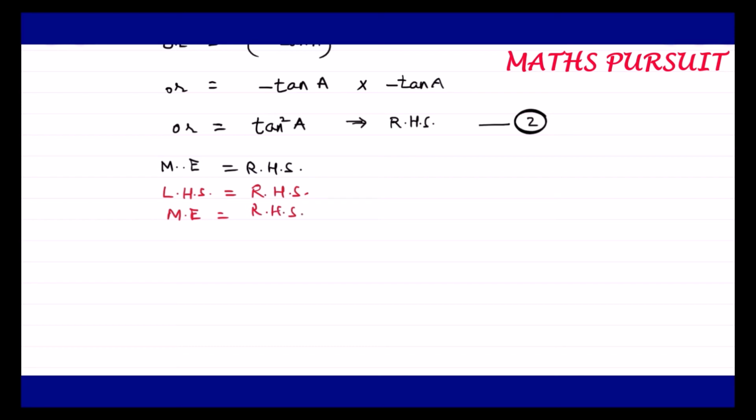Hence we can write the left side of the expression is equal to the middle expression is equal to the right side of the expression. Hence proved. Hope guys you understood the calculation and the process that I did in order to prove this.